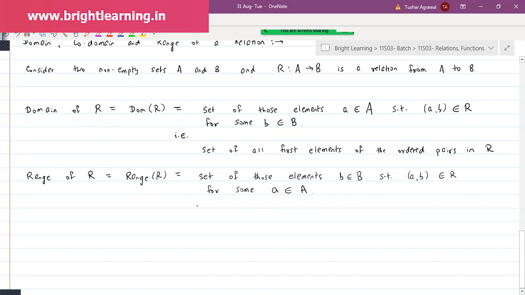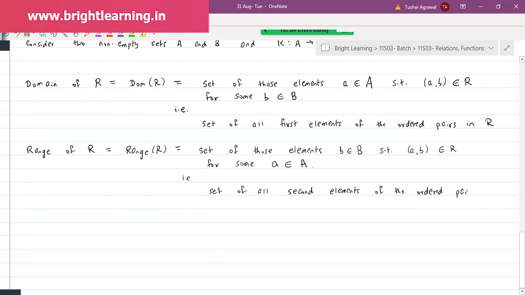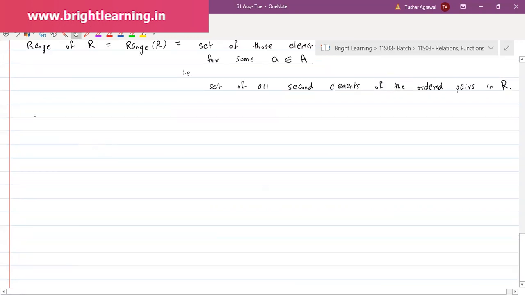Means in the second set take those elements which have actually formed an ordered pair. So that is the set of all second elements of the ordered pairs in R. So I will leave some space for codomain.